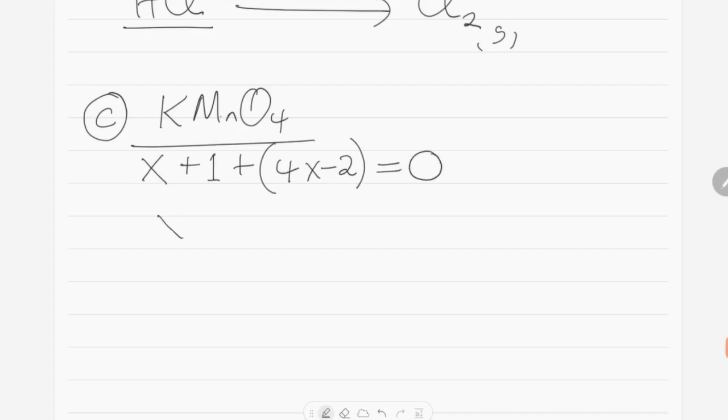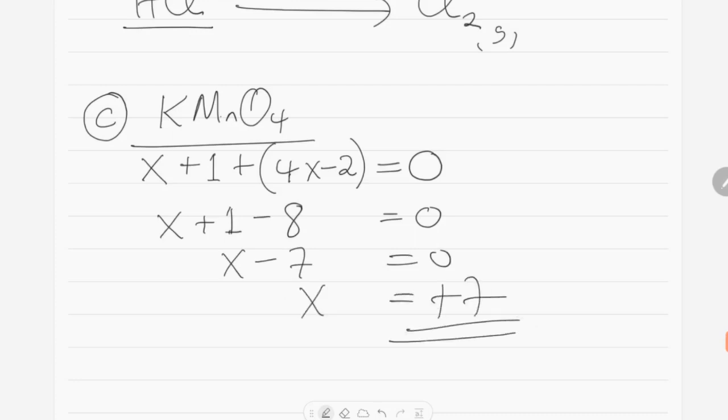So this will give us X plus 1, 4 times negative 2 gives us minus 8, which is equal to 0. 1 minus 8 is going to give us X minus 7 is equal to 0. So X is equal to plus 7. So the oxidation state of manganese in this case is equal to plus 7.